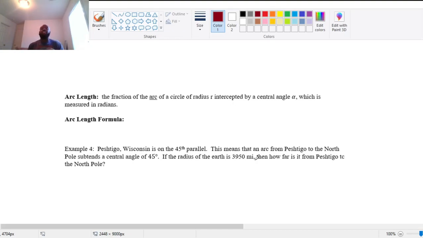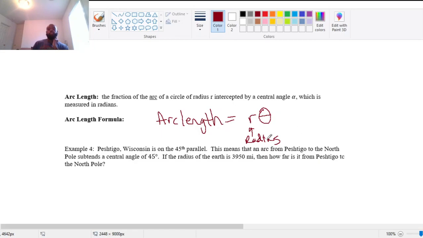But you can have the arc length of any circle, not just the unit circle of radius 1. And that arc length formula is just something that you have to memorize, is r times theta, which is the radius of your circle times your radian measure of the angle.